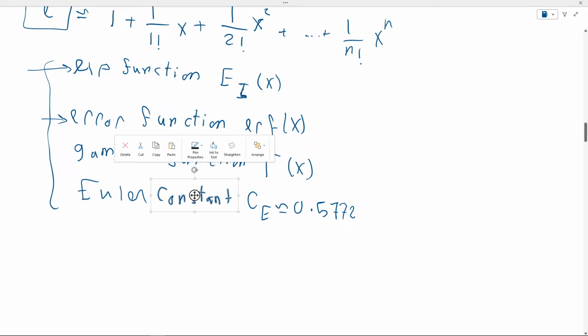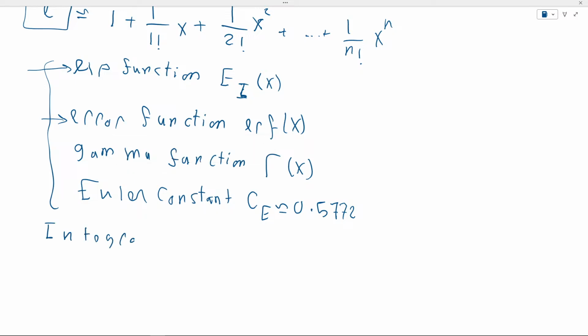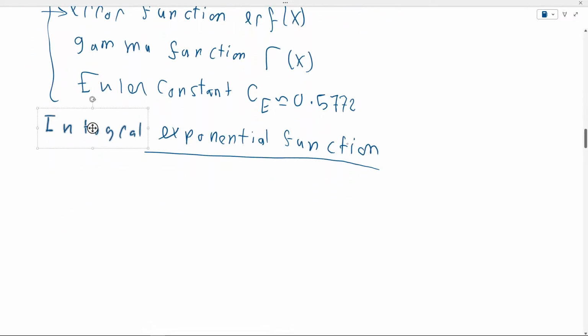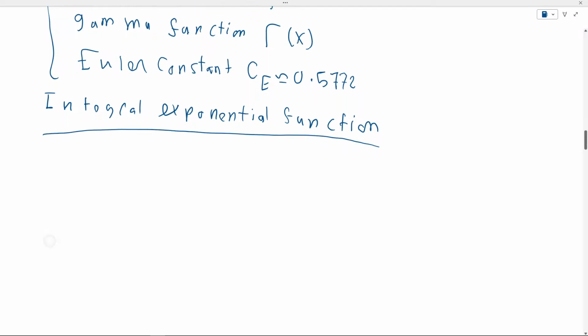So this is the exponential integral function. That's basically how the function looks.